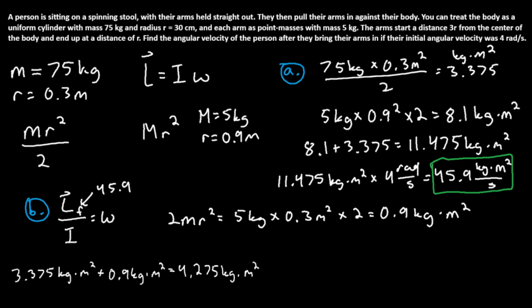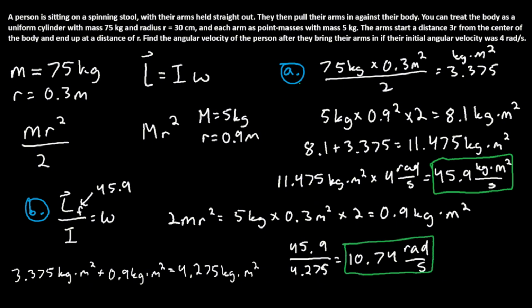So let's use this formula here. So we have an angular momentum of 45.9 divided by 4.275, which is your moment of inertia. So if you divide 45.9 by your moment of inertia, you should get an angular velocity of 10.74 radians per second.